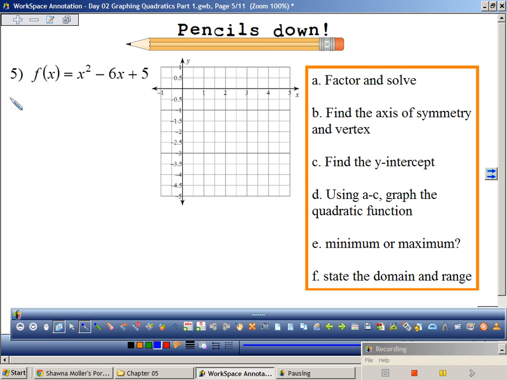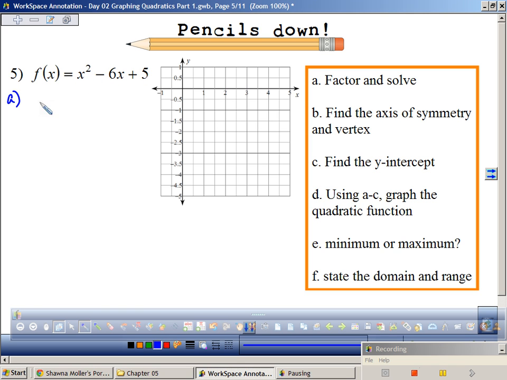So we'll start with factoring. I want to factor this out. Because my leading coefficient is 1, I don't need an x box on this one, right? Because I know that this first term splits into x times x, correct? And 5, the only way to factor 5 is 5 and 1.